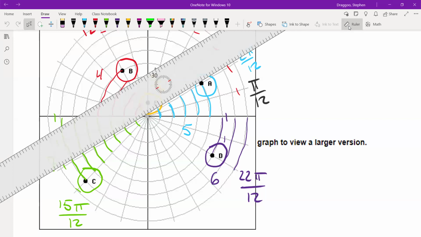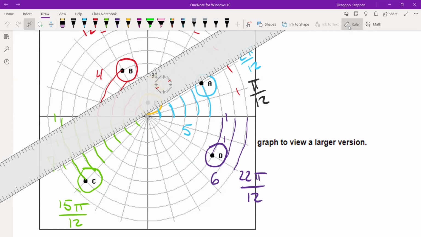R is going to be positive 5 if my angle is pi over 6. So I pick my direction and then go forward 5 in order to get there. Or if my angle were 7 pi over 6, I would have to go backwards along that angle in order to find my point. So I could use theta equal to 7 pi over 6, but then have R equal to negative 5 to go backward to find that point A.